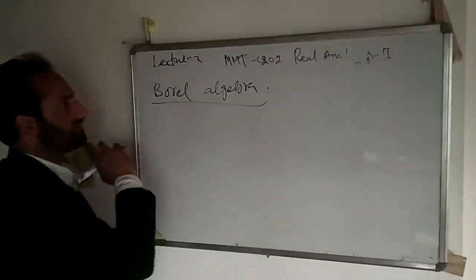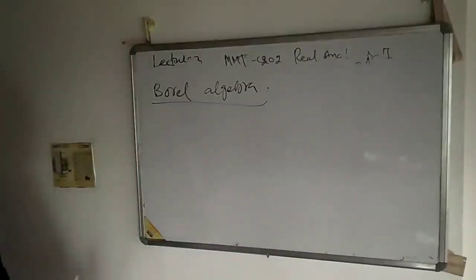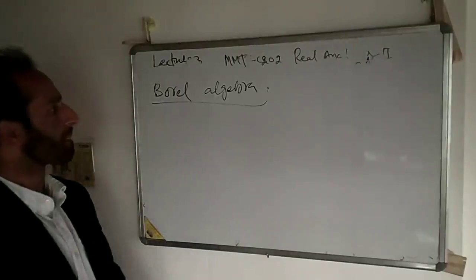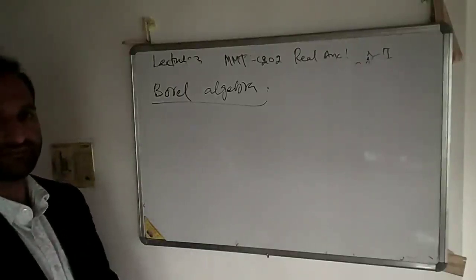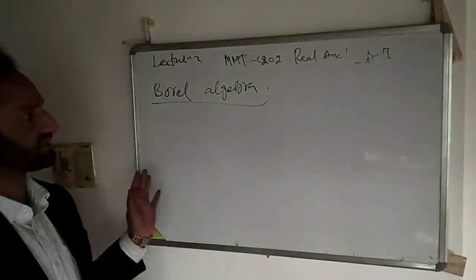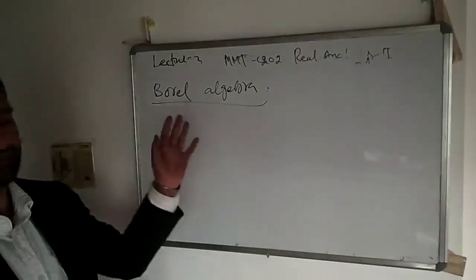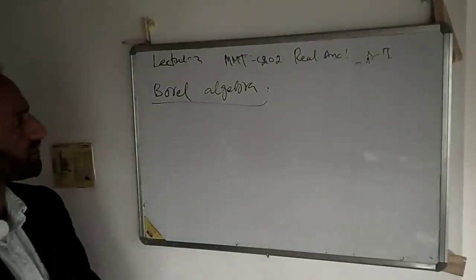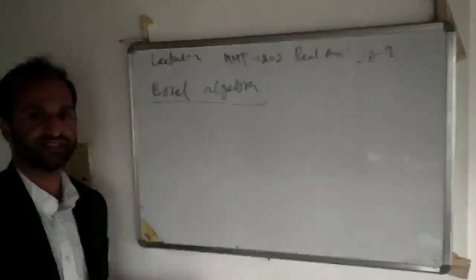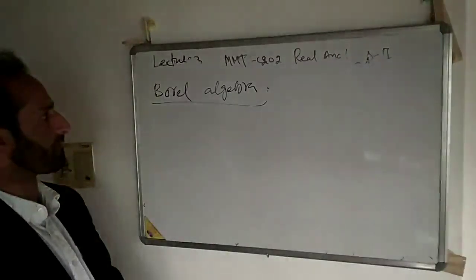Since we know that every class of sets generates a sigma algebra, where generates means there exists the smallest sigma algebra that contains that class, in other words, every class of subsets of X generates a sigma algebra.